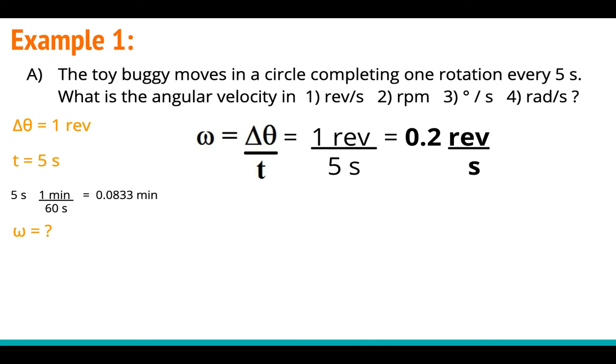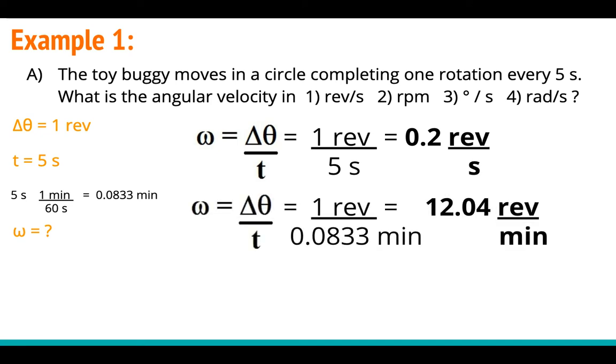Okay, in number 2 of part A, we want to find the same rate, but in revolutions per minute. RPM stands for revolutions per minute. We most commonly use those units to measure the rate at which motors rotate. Okay, so we have to convert seconds to minutes, as we can see over here on the left-hand side. So we need to divide by 60 and multiply by 1.